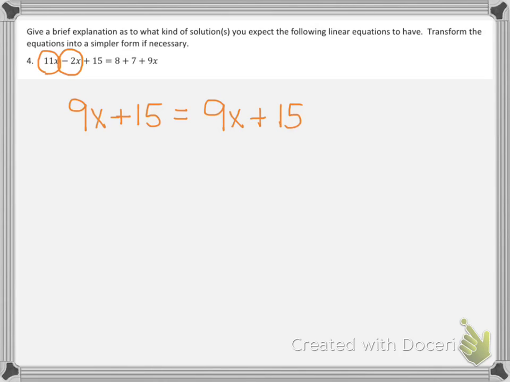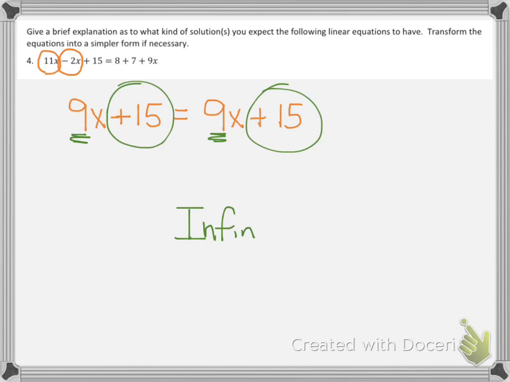If I look at the coefficients, they're both 9s. So I know the x's are going to go away. Now I look at my constants. They're exactly the same. 15 does equal 15 every time. So this is an infinitely many solutions type of problem.